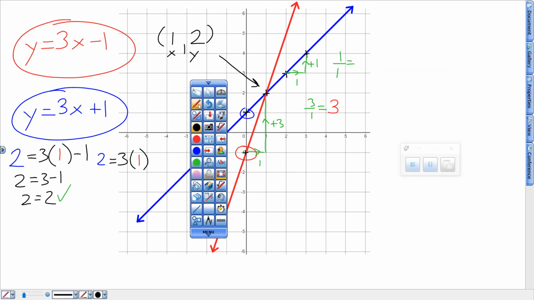I have no idea how I got that to be 3 right there, so don't make that mistake. That's 1 right there.